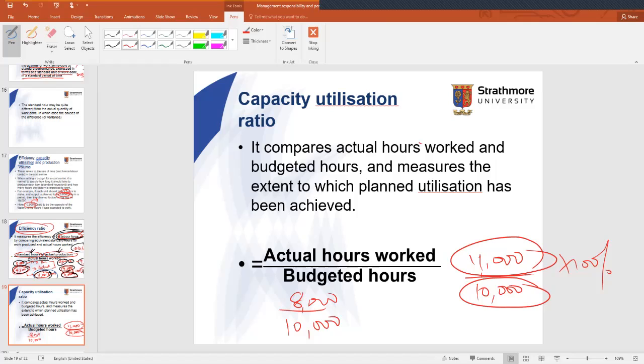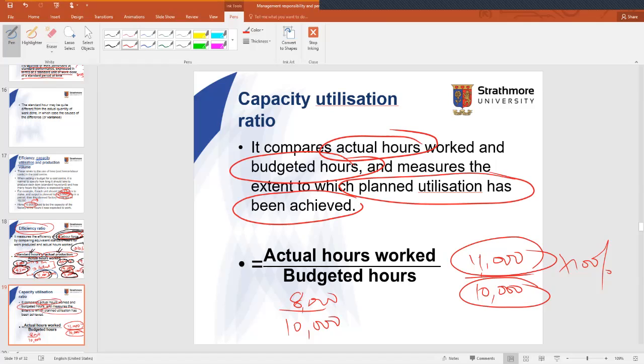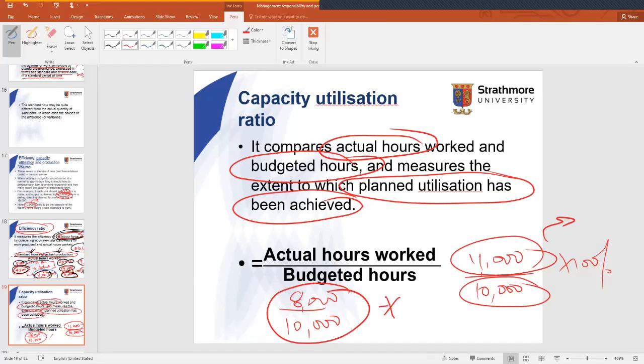So you compare actual hours worked versus what was budgeted, versus what was planned for. It means the extent to which the planned utilization has been achieved. To what extent has it been achieved? It has been overachieved. For instance, in this example, it is over 100%, so it has been overachieved. If it is given as in this case here, then this is not a good concern because you're not using the entire capacity which you have of 10,000 hours per month or per year, for instance.